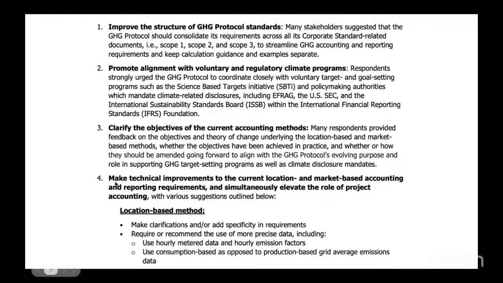Fourth, make technical improvements to the current location and market-based accounting and reporting requirements, and simultaneously elevate the role of project accounting with various suggestions outlined below.